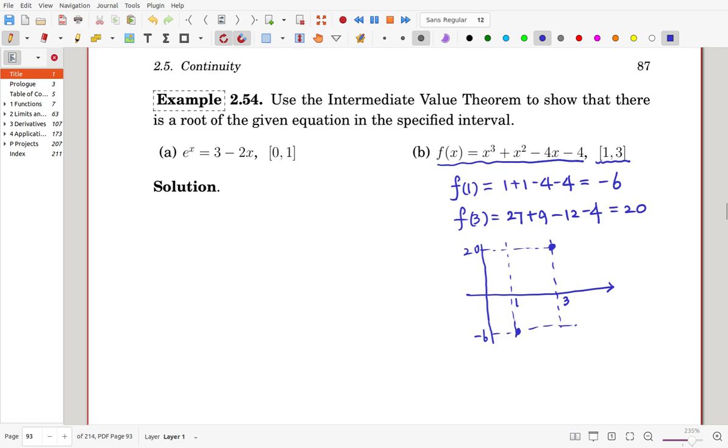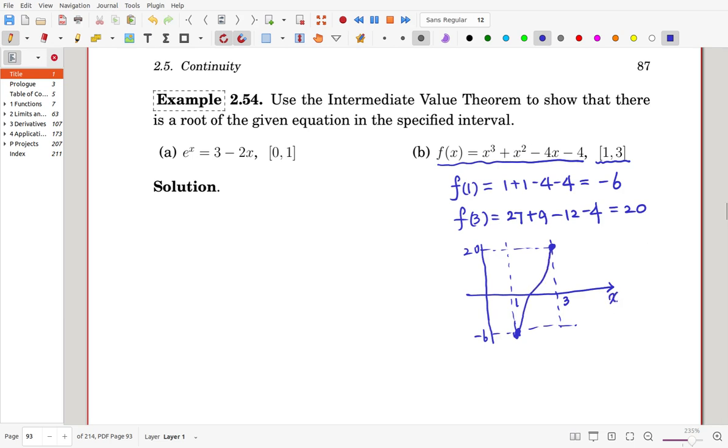But anyway, if you connect from this point to that one, it must hit the x-axis like that.